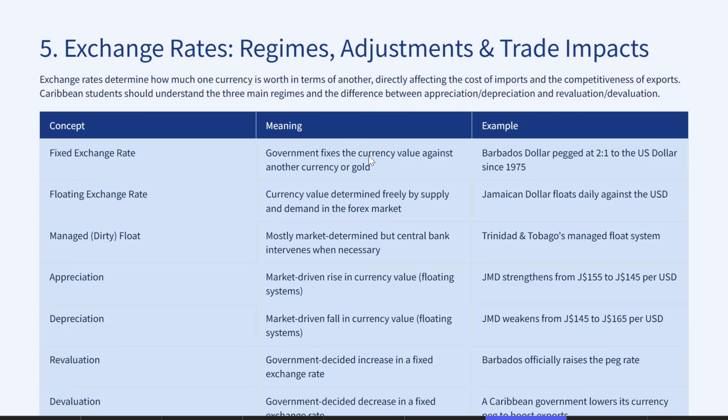If the US currency value increases, ours increases automatically. If the US decreases, ours decreases automatically. We're basically promising to buy and sell at that rate no matter what. Or you can peg it to gold. If the value of gold increases, your currency increases. If the value of gold decreases, your currency decreases.